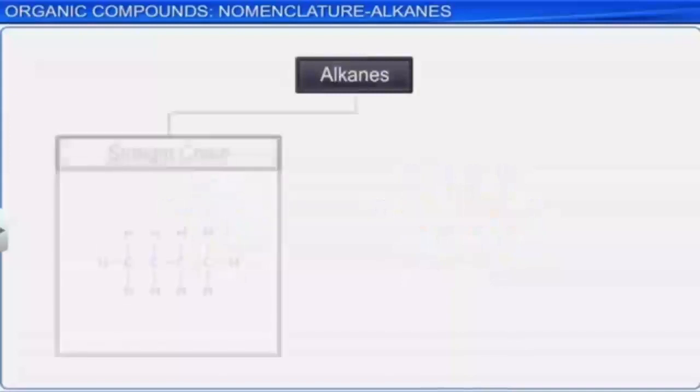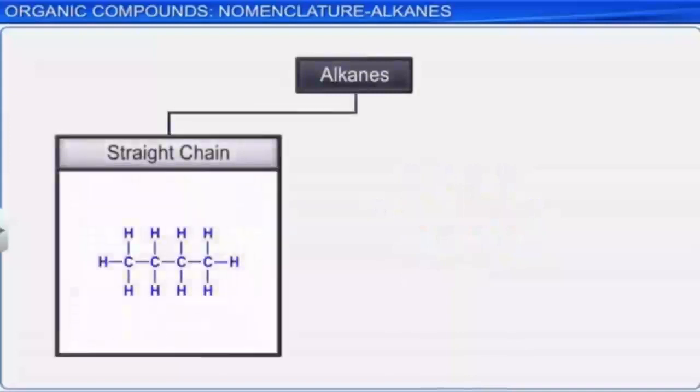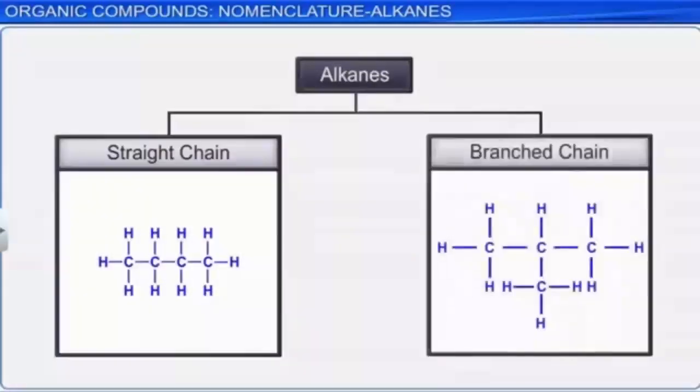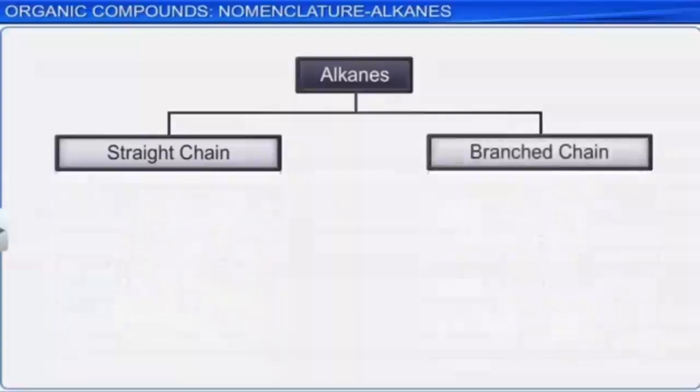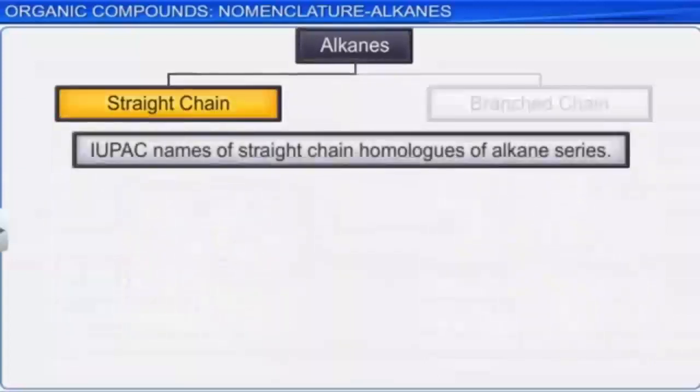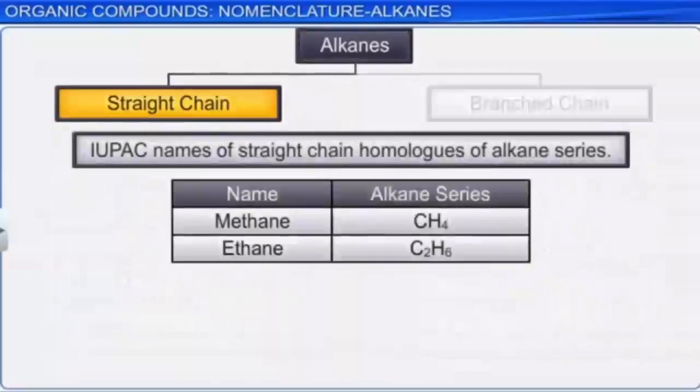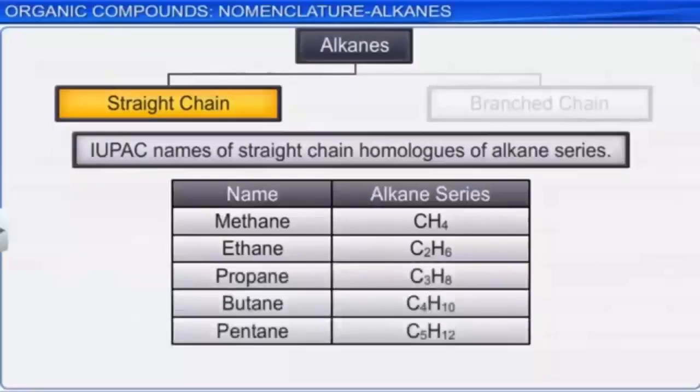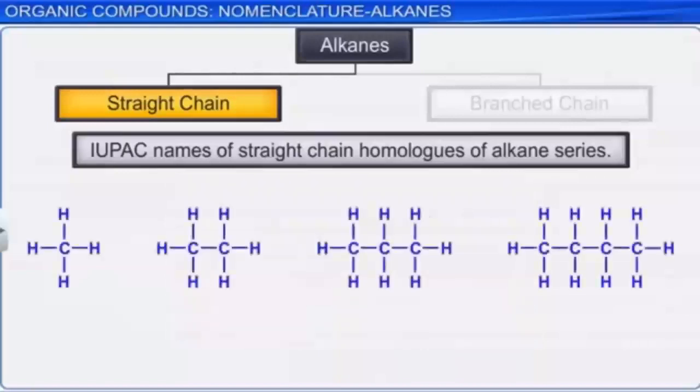Alkanes can be straight chain alkanes or branched chain alkanes. Let's look at the IUPAC names of certain straight chain homologues of alkane series. The IUPAC name of an alkane having 1 carbon atom is methane. The IUPAC name of an alkane having 2 carbon atoms is ethane.